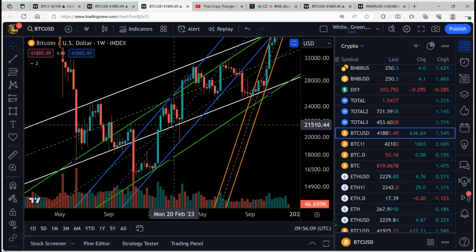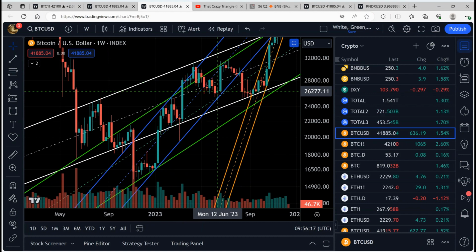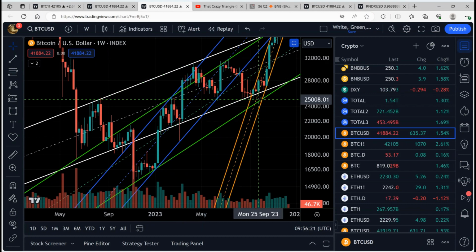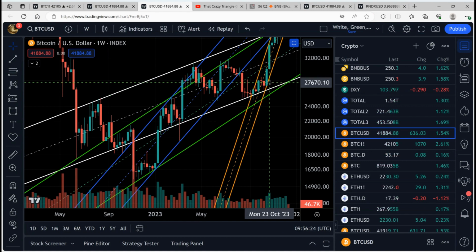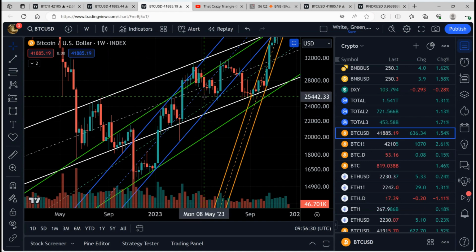Clearly, price action trades in the upper portion of the channel here, comes out a little bit here and trades here within the channel, and comes down here almost to the bottom of the channel. So you can clearly see price action trading in the lower half and upper half of that channel.